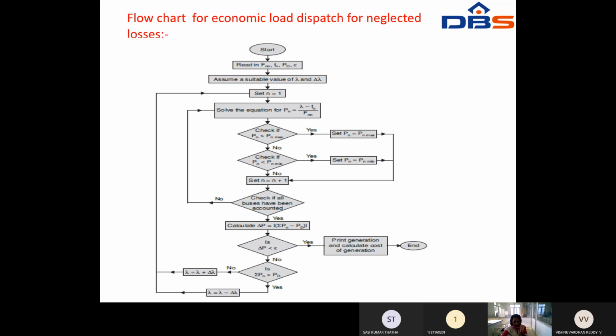When it is not satisfied, we go to another condition, whether the sum of Pn is greater than Pd. When this condition is not satisfied, we calculate lambda equal to lambda plus delta lambda. When it is satisfied, lambda equal to lambda minus delta lambda. So this is the flow chart for economic load dispatch for neglecting losses. Thank you.